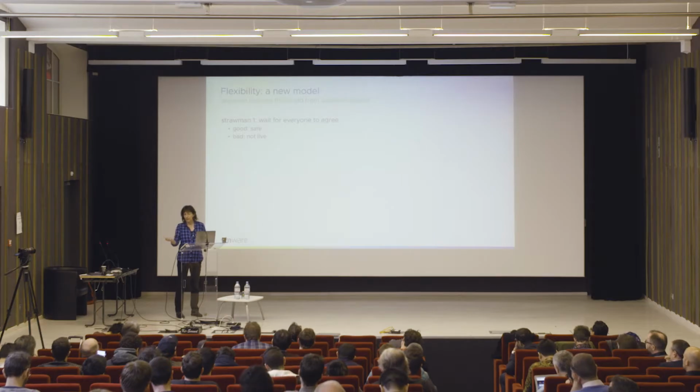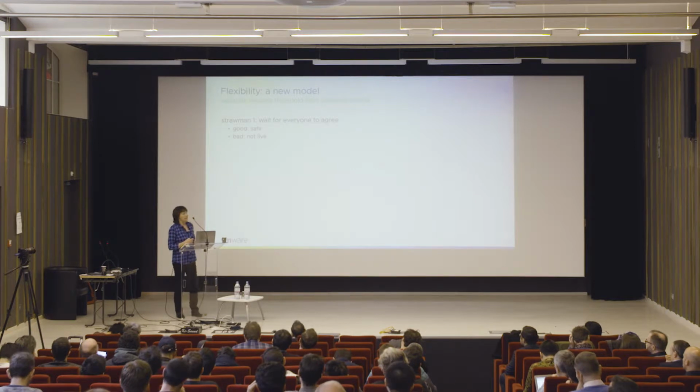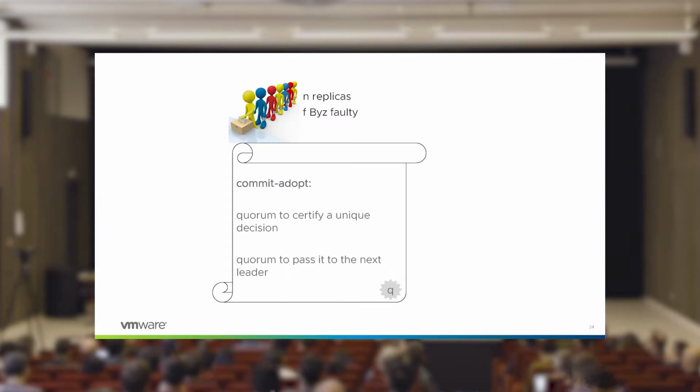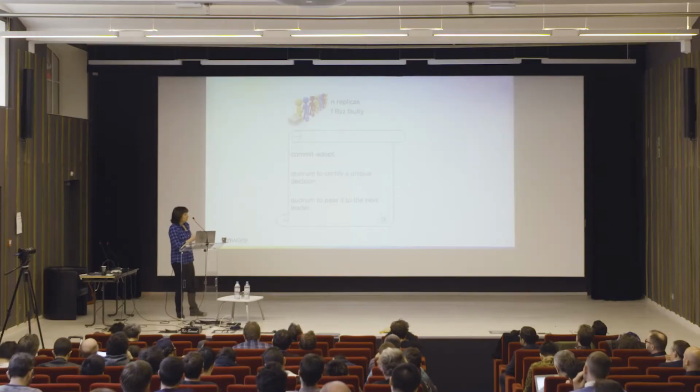The problem is that it's not very live. If you wait for everybody to participate in the decision, then even a single member that is slow, crashed, detached or malicious can prevent progress. So there's a fundamental tension here between fault tolerance and ease.